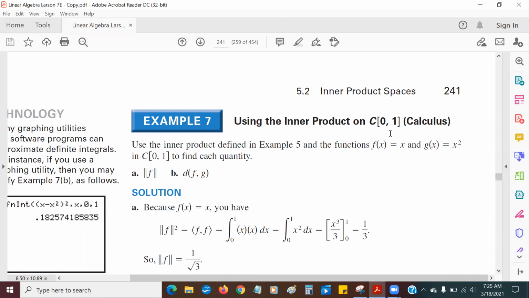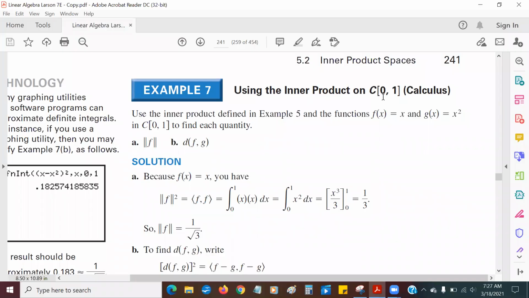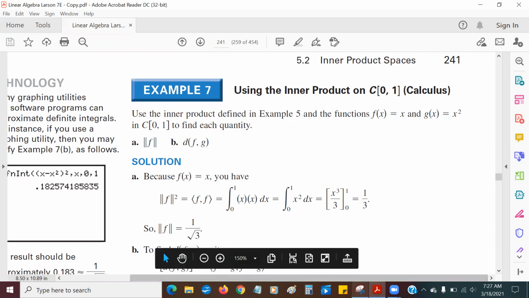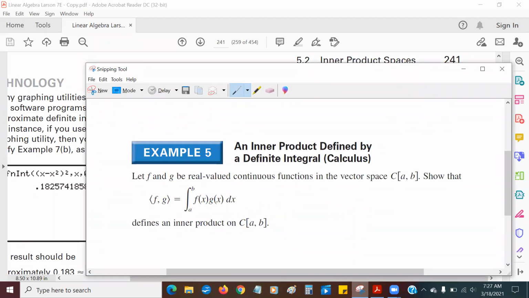C[0,1] is all the continuous functions defined on the interval between 0 and 1, and we're going to use the inner product defined in example 5. To refresh your memory, that was example 5 right there.